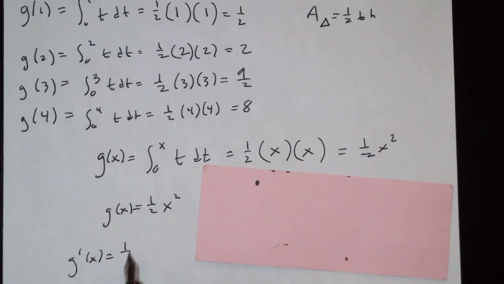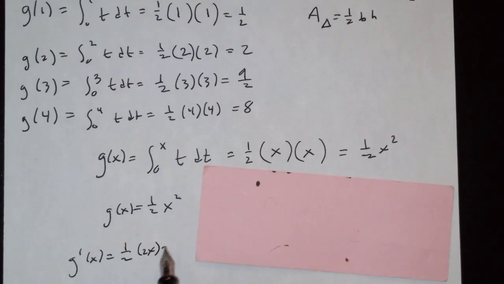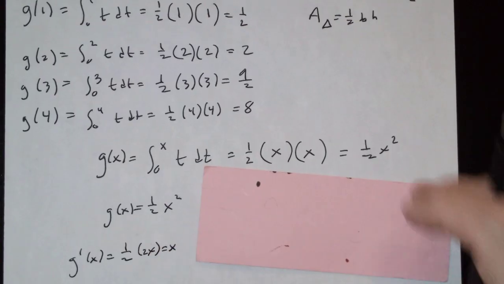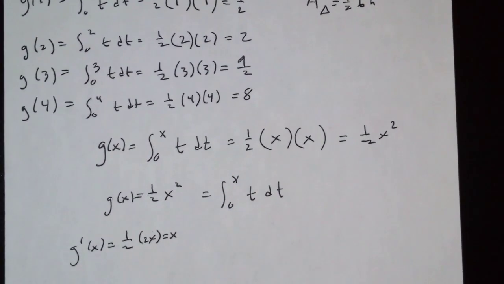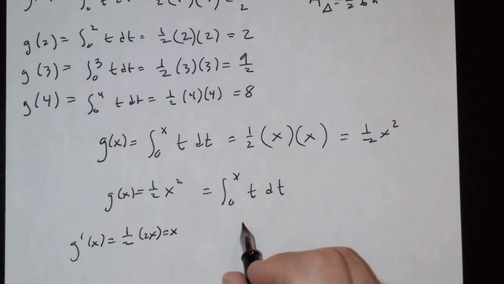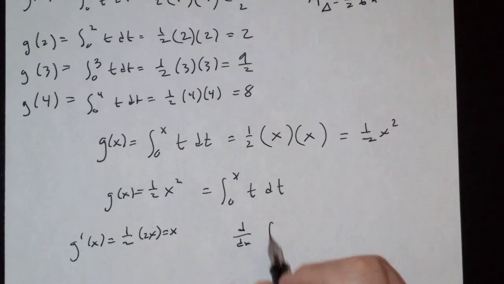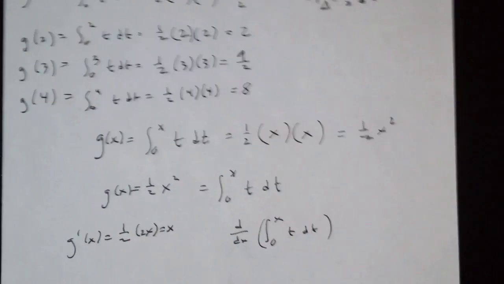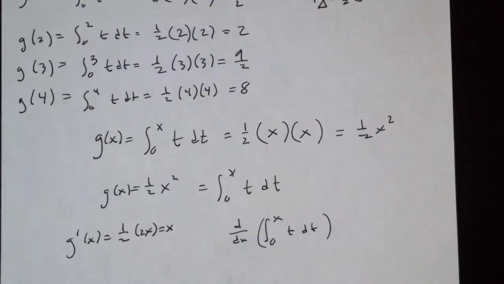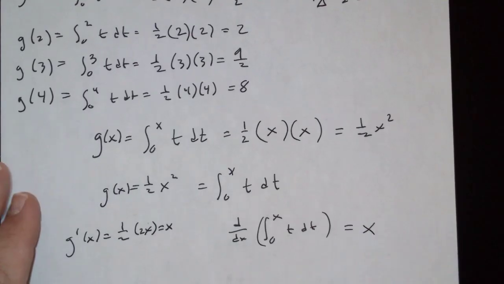Aha! It'd be a half times 2x, which would just be an x. Now think of it over here in that integral. That means that I've taken the derivative of this calculation, and I've gotten back x.